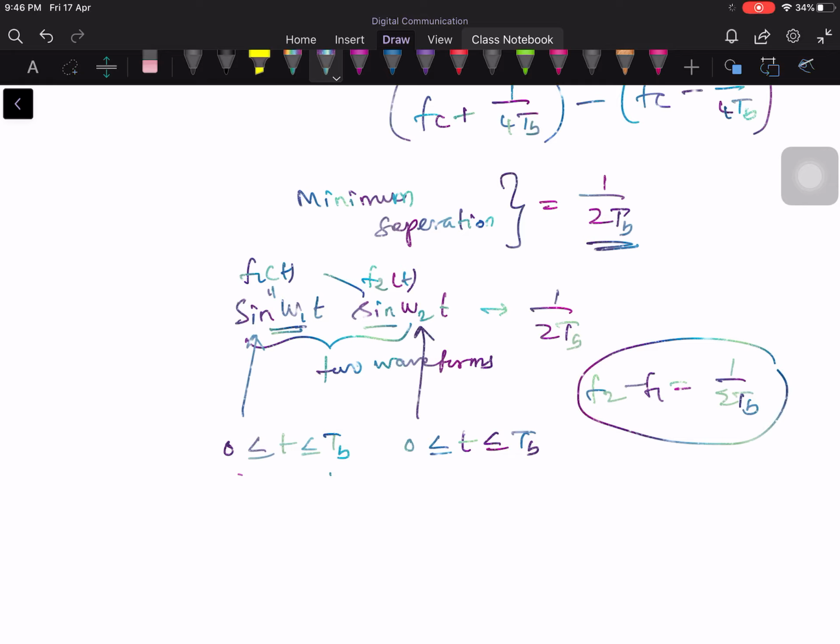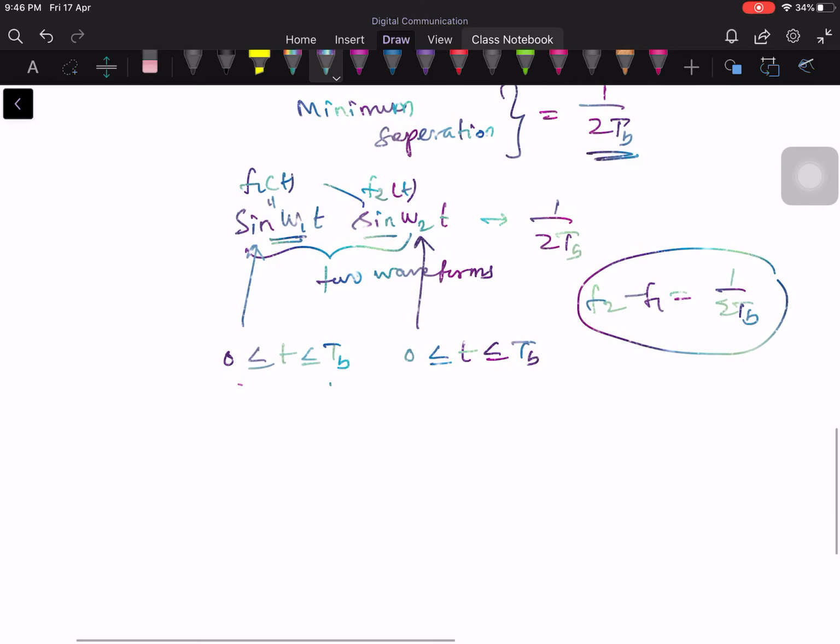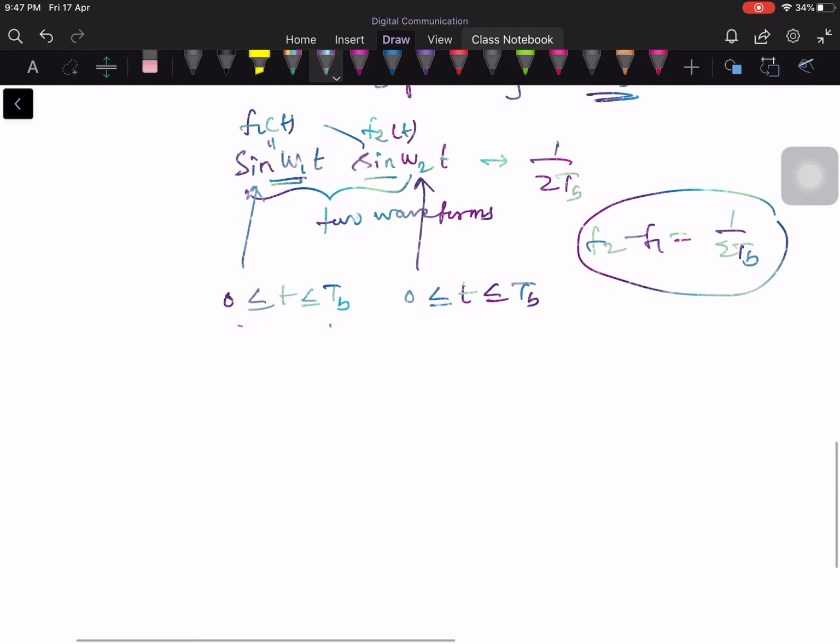If you don't have this minimum separation, then they are not orthogonal. So the minimum separation that is required is 1 by 2TB.